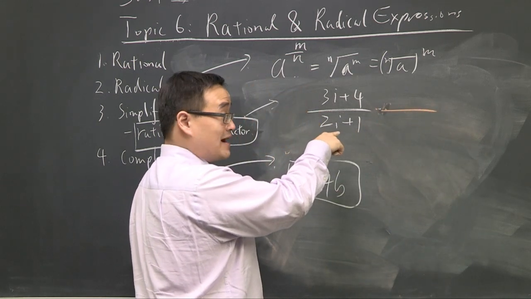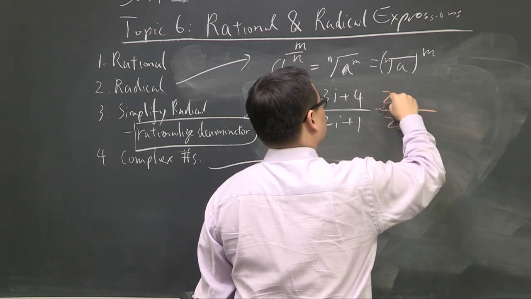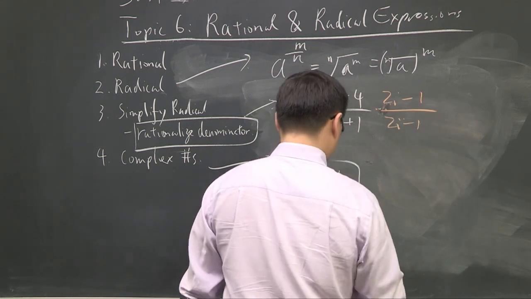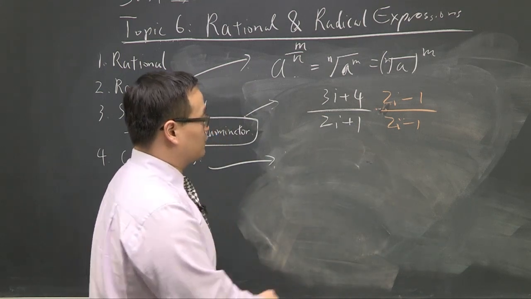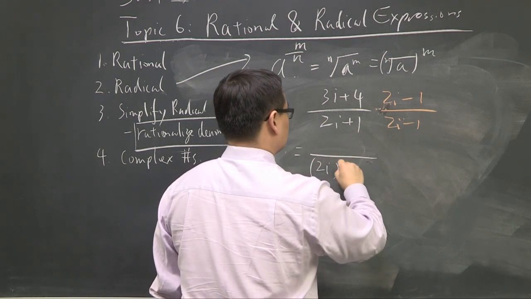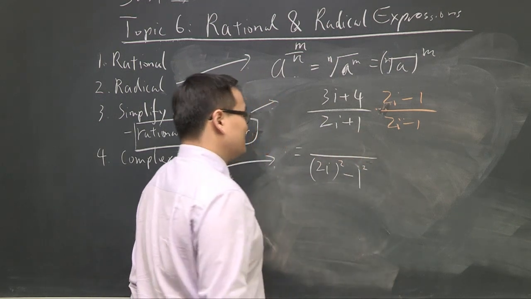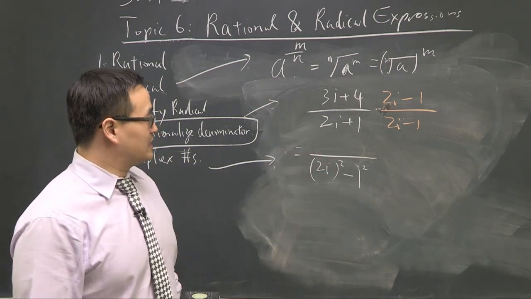What's the conjugate of 2i plus 1? It's 2i minus 1, right? Once I do that, this becomes relatively straightforward. Here I get 2i squared minus 1 squared. I mean, you'll do this automatically, just for demonstration. Do it step by step.